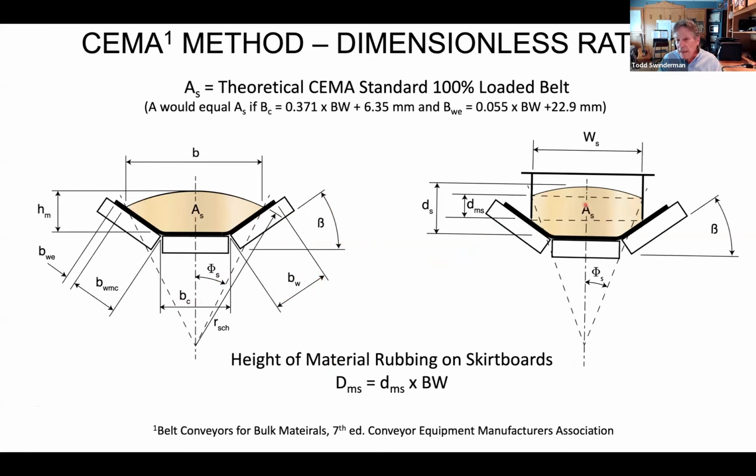Then we're going to put that into our skirt boards and see how high it rubs up on the walls. There's two key ratios we're interested in: the height of the material between our skirt boards, so that we know how high to make the skirt boards, and how much material is rubbing on the belt during operation.